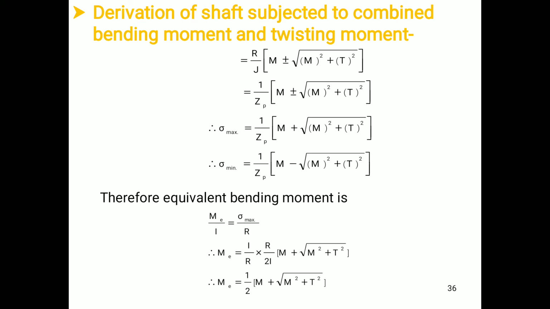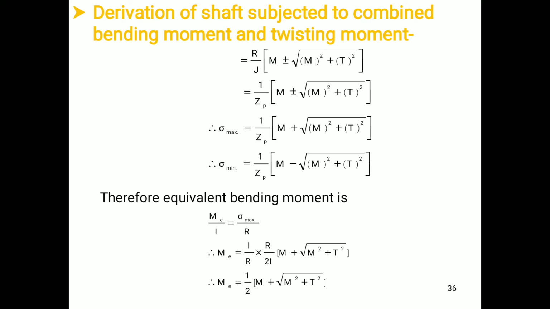Therefore the equivalent bending moment can be given by Me upon I, which is equal to sigma maximum upon R. Therefore Me can be given by I upon R into sigma maximum, whose value is R upon 2I into M plus under root of M square plus T square.